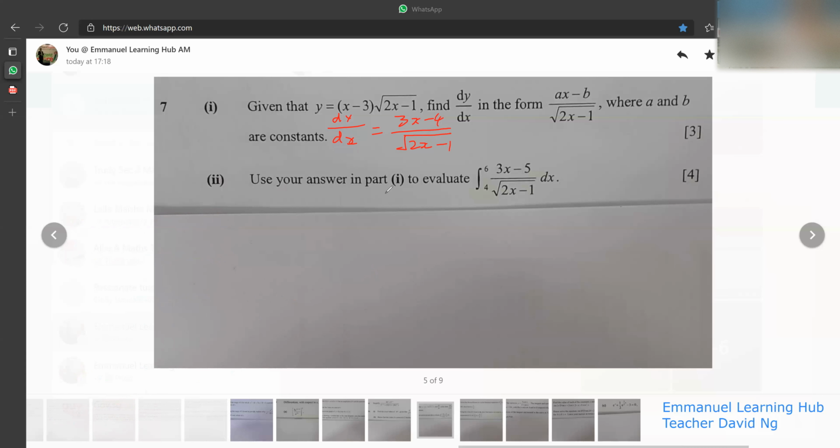Okay, they ask you to use your answer in part 1 to evaluate this guy here. So to evaluate this guy, integrate from 6 to 4.